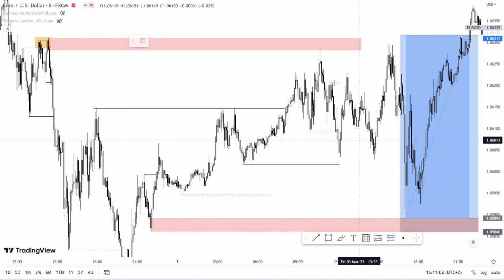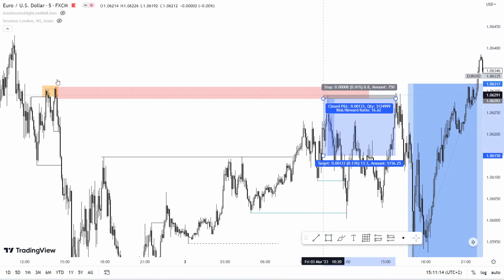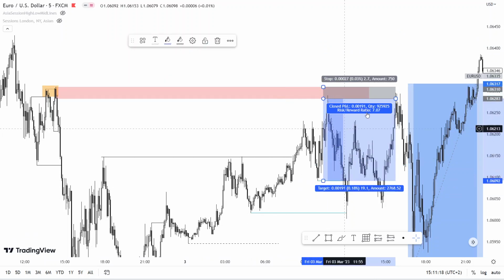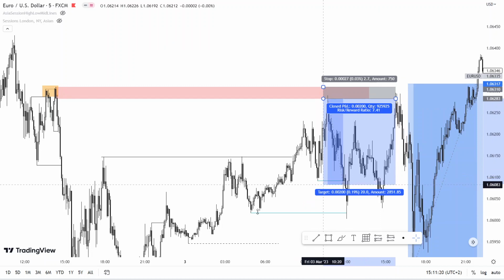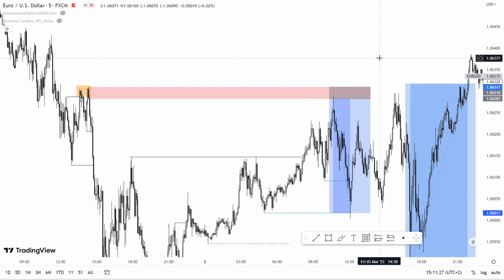So sell area right there, sell limit right there, stop loss above, and then first area for partials 1:7, and then second area for major partials would be 1:9. So which is good, which is really good, really impressive.